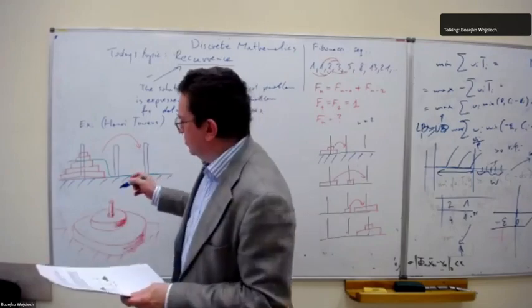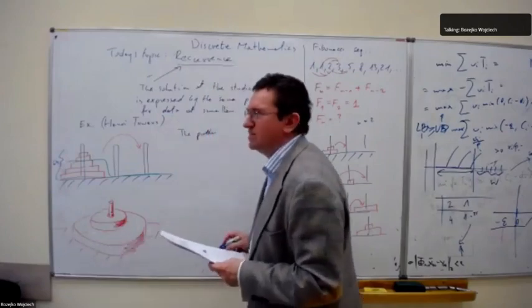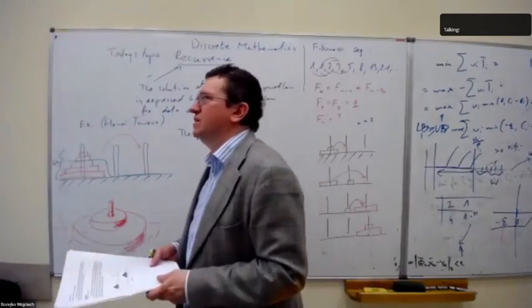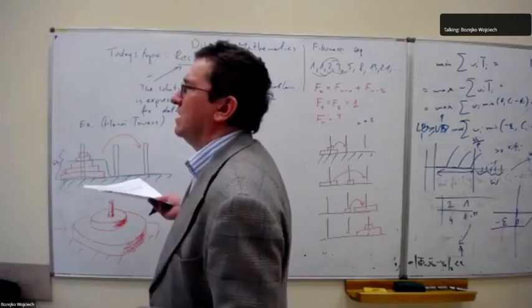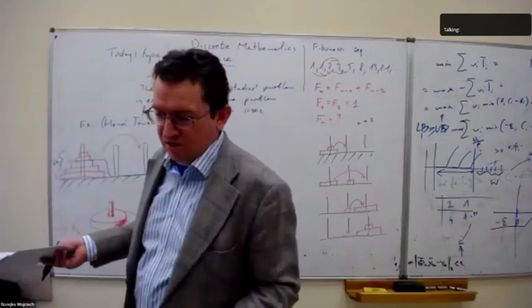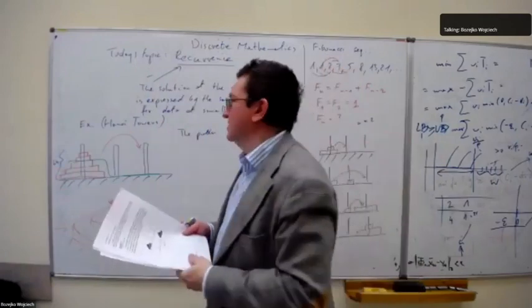In this legend, there were 64 of them. And the legend was that if it is done, the world will end.